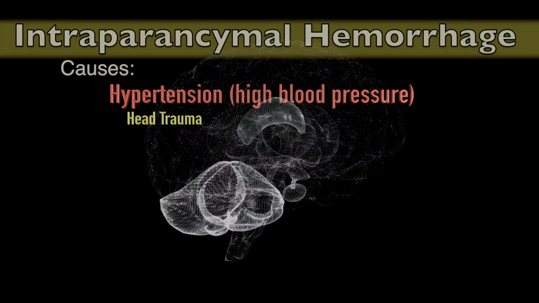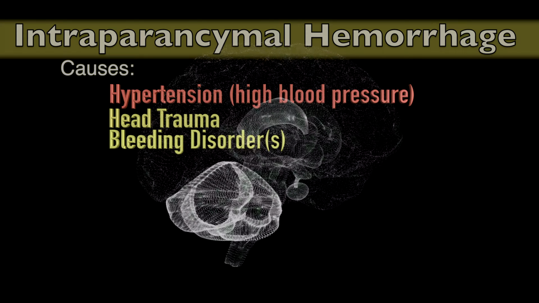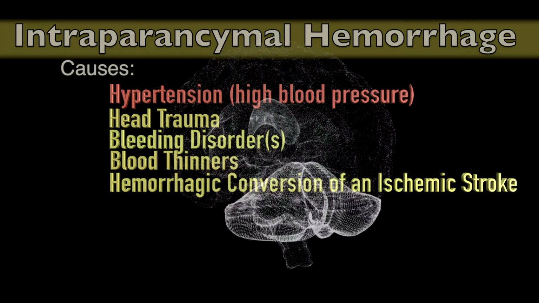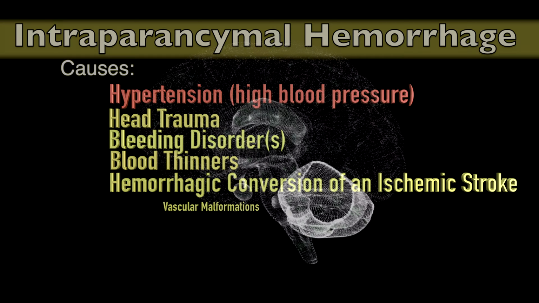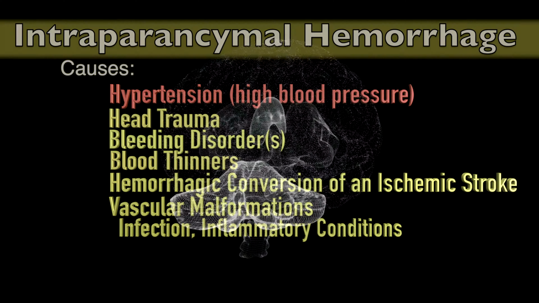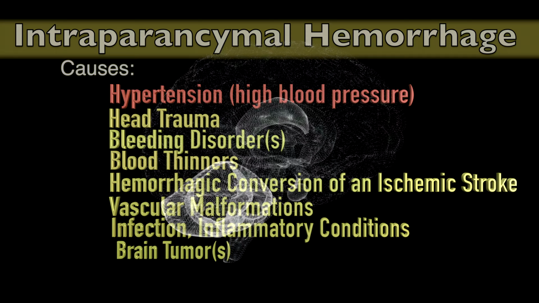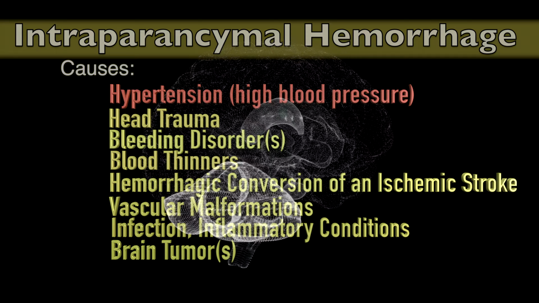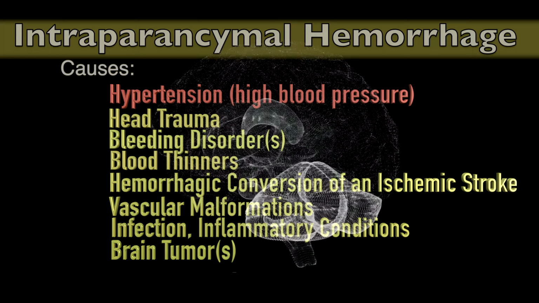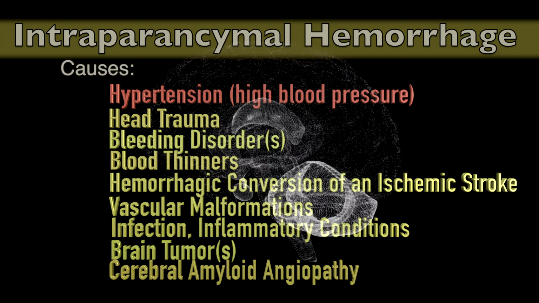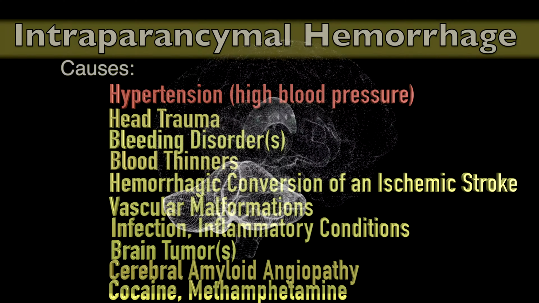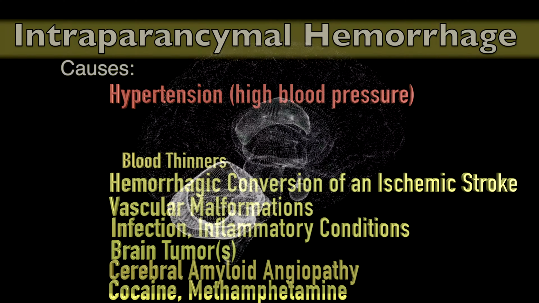Other causes include head trauma, bleeding disorder, use of blood thinners, bleeding into an area that just suffered an ischemic stroke, vascular malformation such as arteriovenous malformation, inflammatory infection conditions, brain tumors that are prone to bleeding such as melanoma, renal cell carcinoma, thyroid cancer, lung cancer, also amyloid angiopathy, cocaine, methamphetamine use. But the most common cause of intraparenchymal hemorrhage is hypertension.